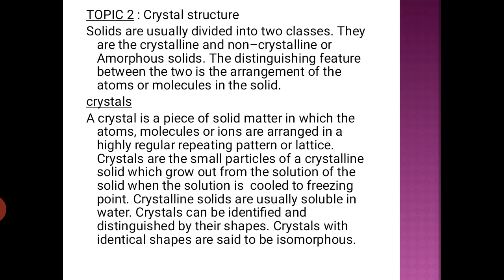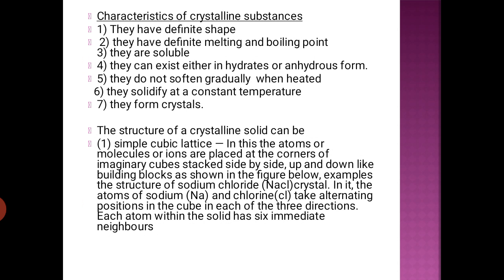Crystals can be identified and distinguished by their shapes. By their shapes, we can distinguish them from amorphous. Crystals with identical shapes are said to be isomorphous.